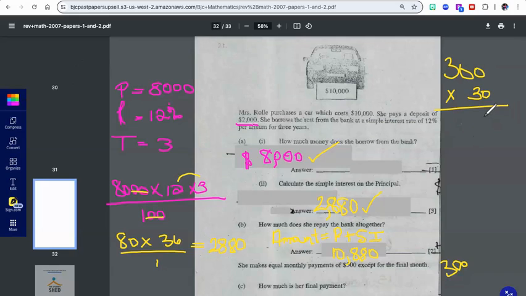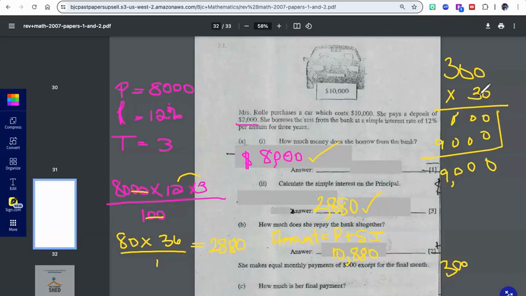That's 0, 0, 0. Add a 0, so that will give me 0, 0, 9. So that's adding now, 0, 0, 0, 9. So first of all, we have $9,000.